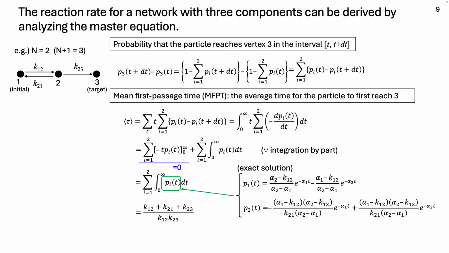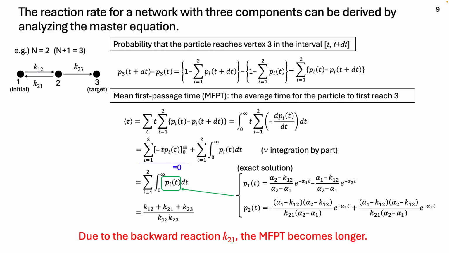So it means K21 is the backward reaction. So it means due to the backward reaction, the mean first passage time becomes longer. It's the network effect.